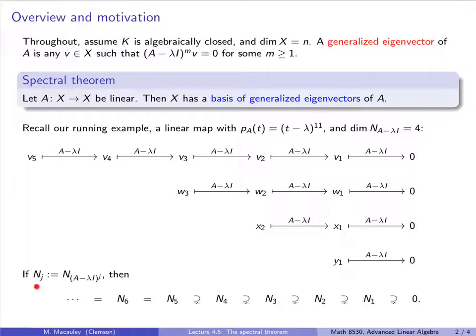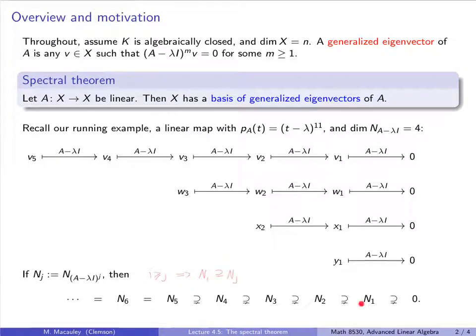If we let nj denote the null space of (A minus lambda I) to the j, then it's easy to see that if i is at least as big as j, then the null space of i is going to contain the null space of j. So we always have this increasing sequence of subspaces.